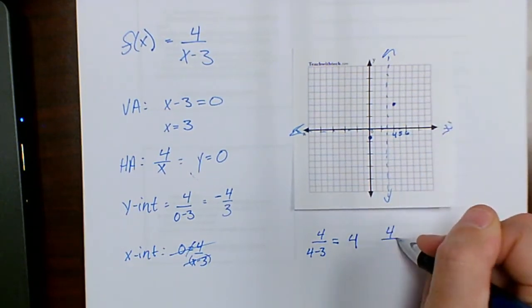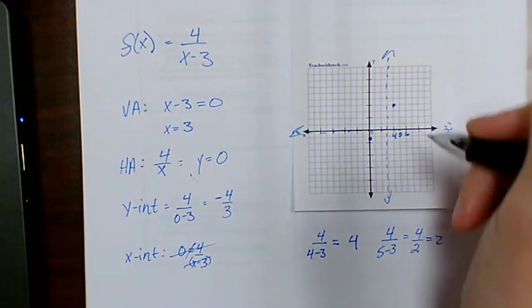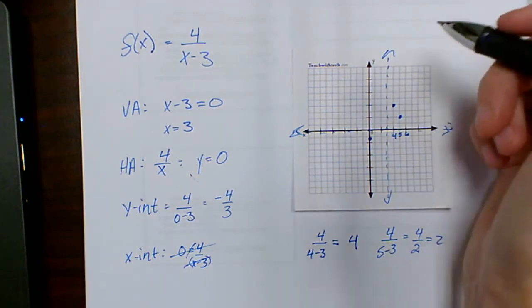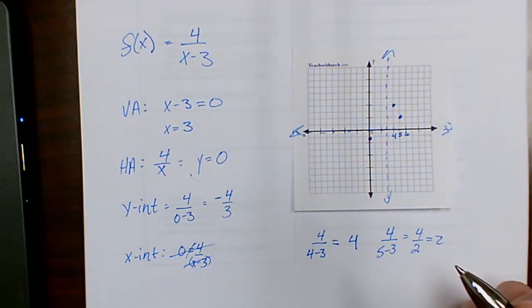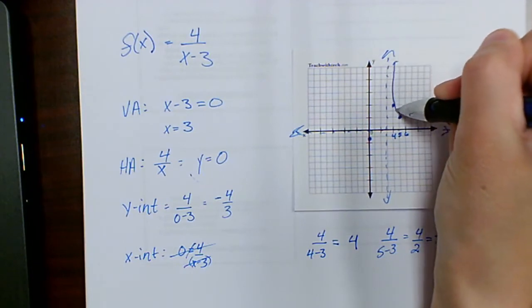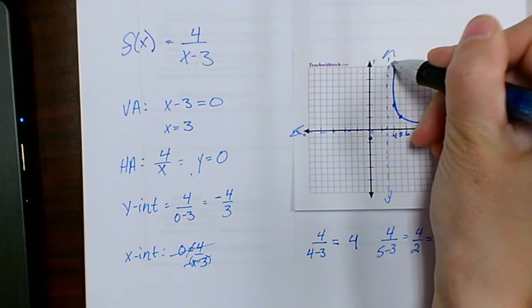Plug 5 in for x, we get 4 divided by 2, which is 2. And then we could do 6 as well, but then we'll get 4/3. So this will give me enough information to sketch my graph.